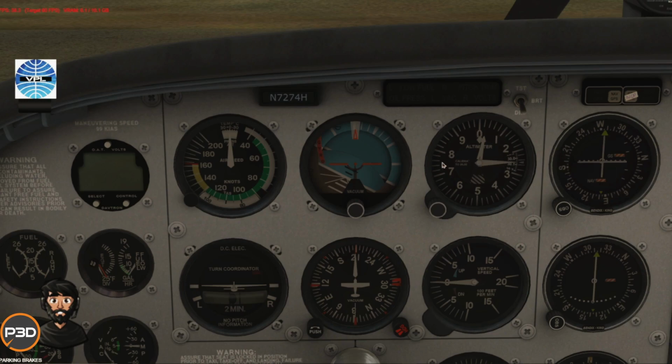Now, this instrument here is the altimeter, and again, another crucial instrument telling you how high you are in barometric pressure. So the world is based on sea level, which is 0, and then depending on where you are off that level will depend on the altimeter of your plane.